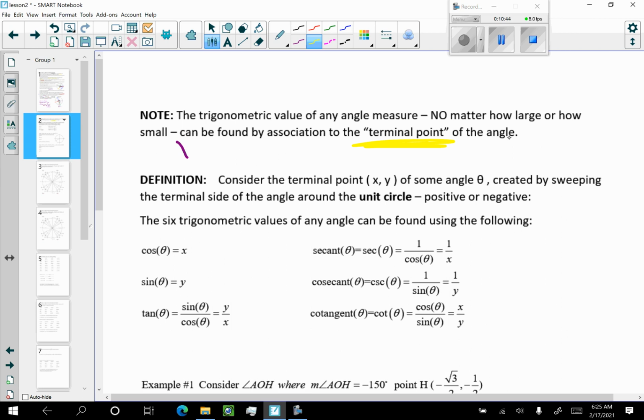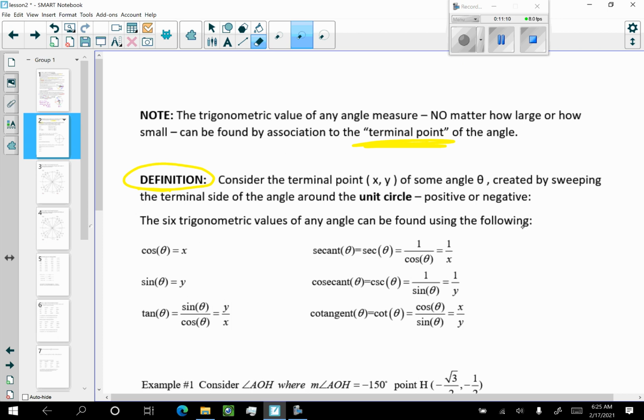And here's our big definition. Here's our huge definition that we're really going to need to wrap our head around to understand. Consider the terminal point (x, y) of some angle theta created by sweeping the terminal side around the unit circle, positive or negative, counterclockwise or clockwise. The six trigonometric values of an angle can be found by using the following.